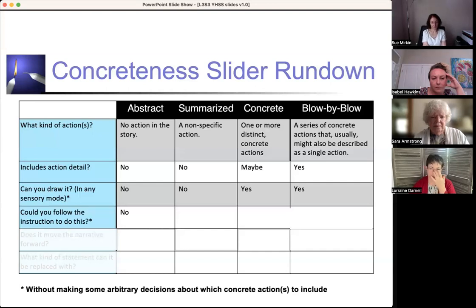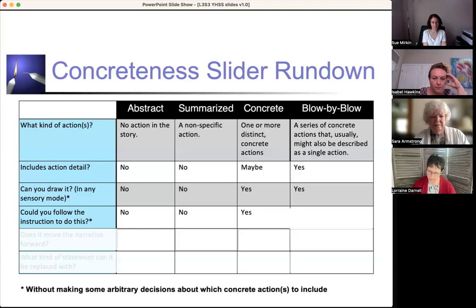In the abstract, no, there's nothing to do. You can't tell a person to do it. Summarized, the same thing. I could tell you climb the tower, but there are so many things involved with that. Or I can tell you go get Rapunzel, but there are so many things involved with that you would have to make a whole lot of decisions before you could do it. So you can't just do it at that level of concreteness.